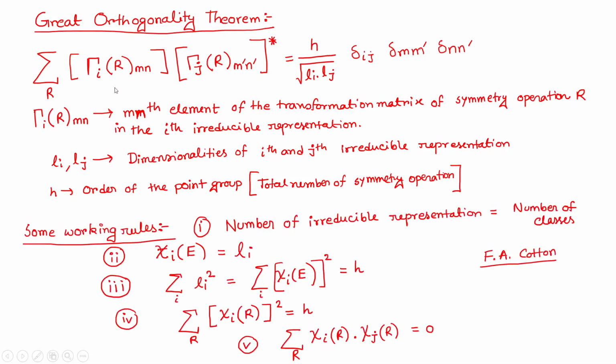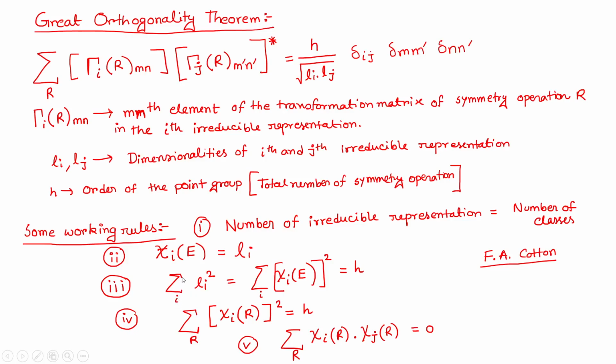So with this you can get these 5 axioms. The first of which is that the number of irreducible representations is going to be the number of classes. Then the character of the transformation matrix of your identity operation is going to be the dimensionality of that irreducible representation, like for C2V, it can be 1, right?